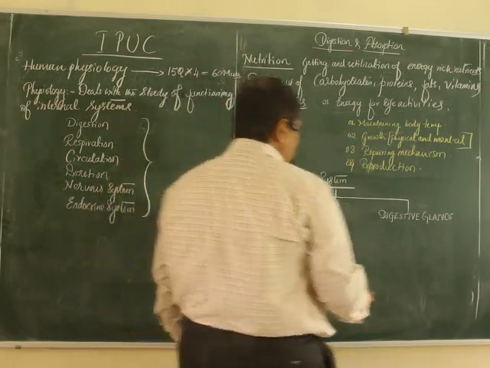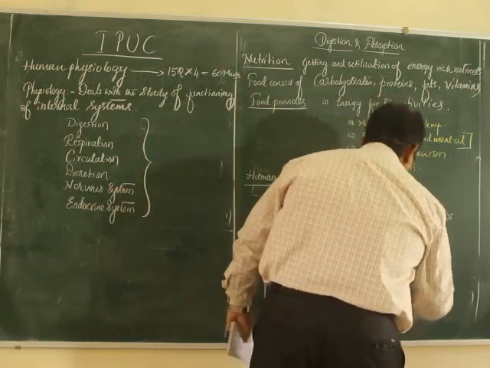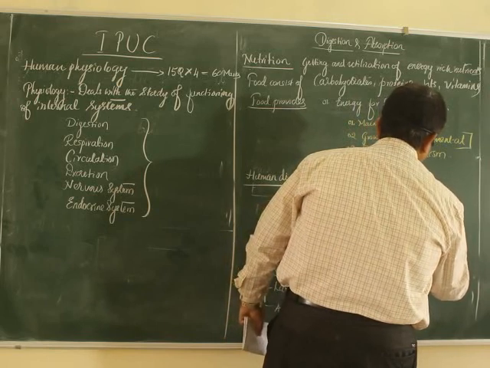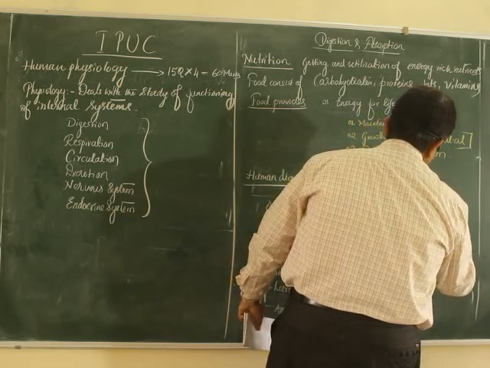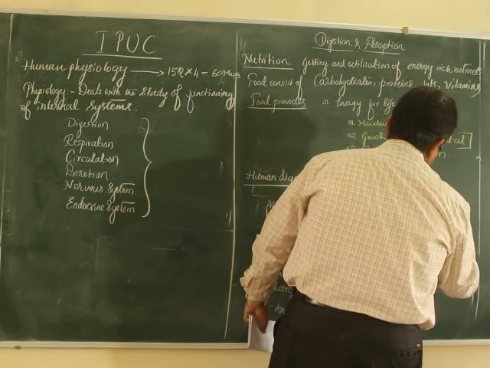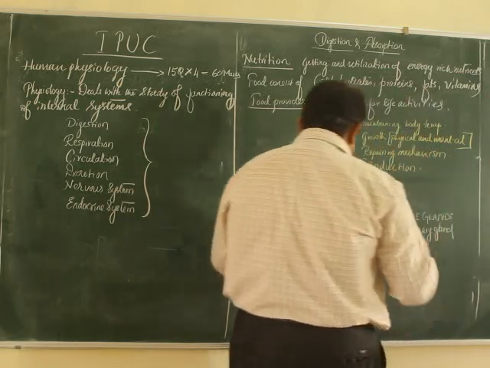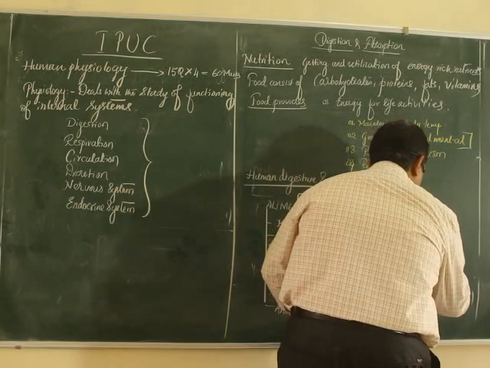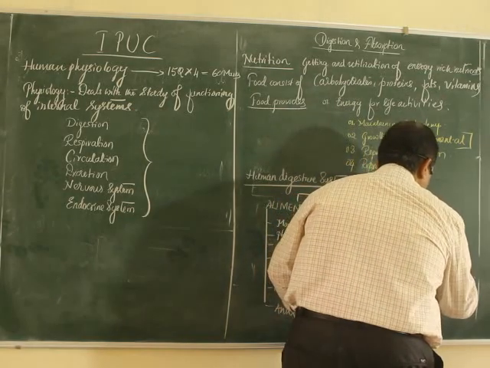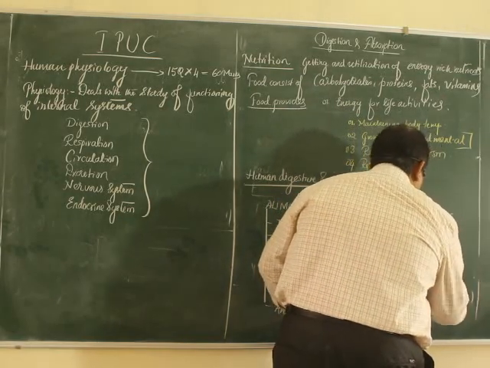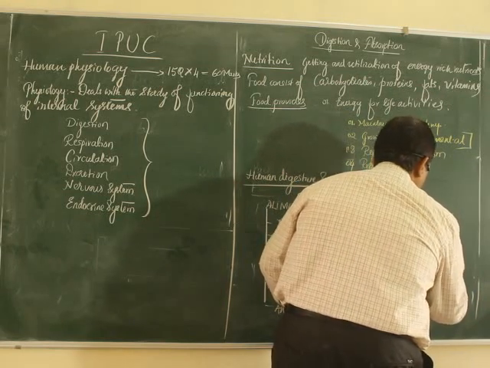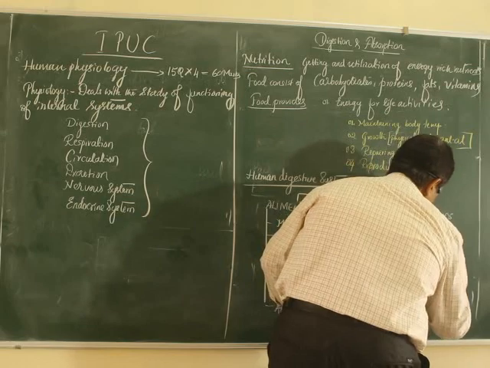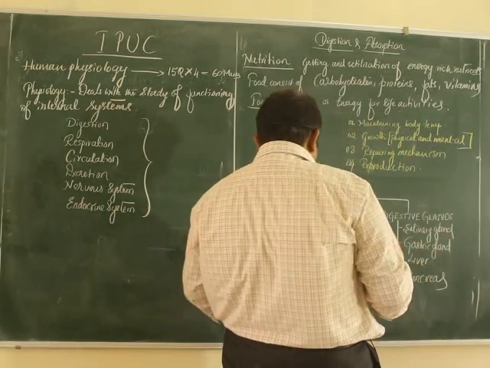The glands which are associated are salivary gland, the second one is gastric gland, liver, pancreas, and intestinal gland.